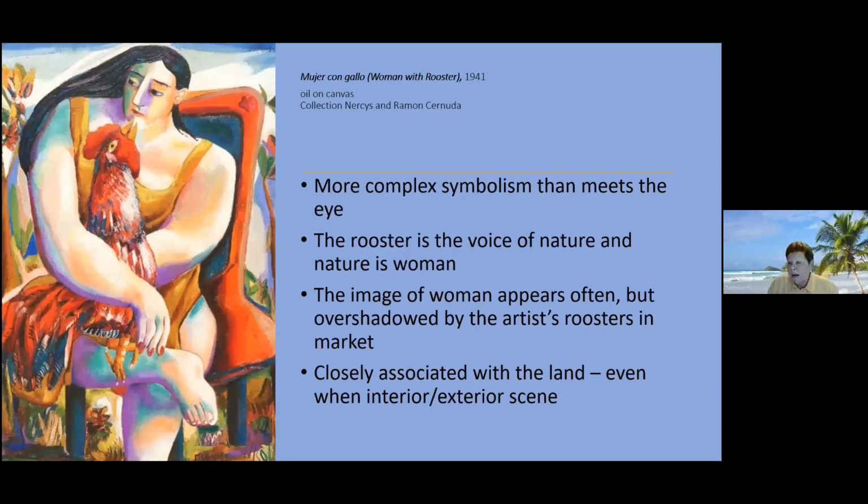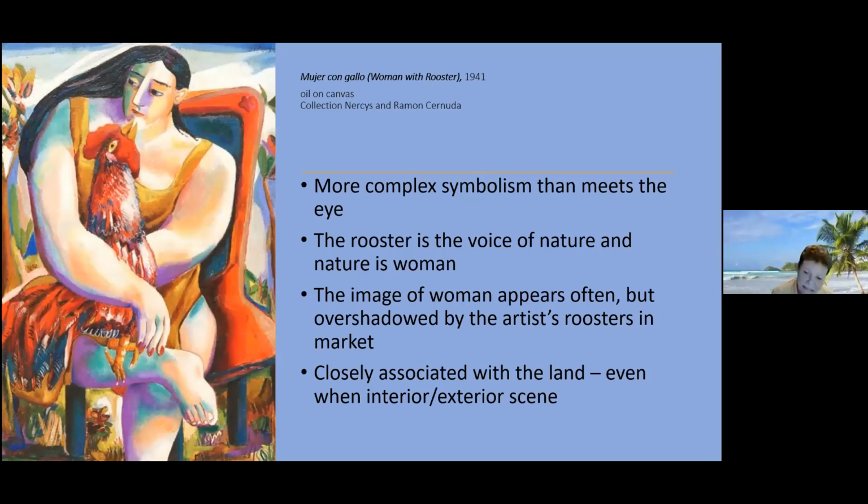So my point really is that there's much more complex symbolism than meets the eye when we look at the rooster and the woman, and especially the rooster and the woman. The rooster is the voice of nature, and nature is woman. The image of woman appears often, but is often overshadowed by the artist's roosters in the art market. She is closely associated with the land.